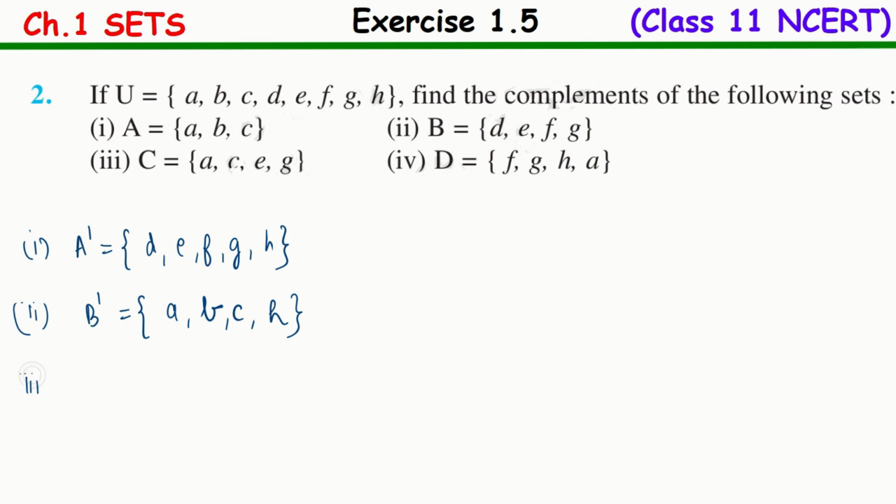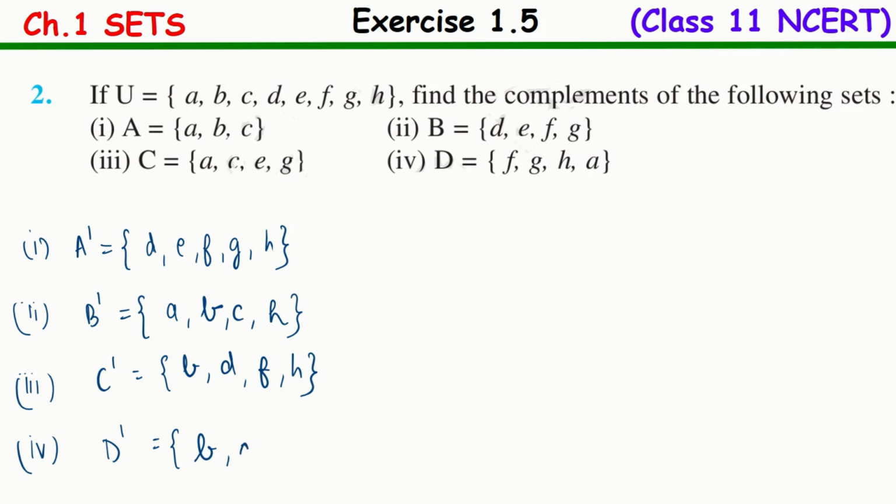The third one is C complement, which is B, D, F and H. The fourth part is D complement. A is present, B is not present, C, D, E, F, G and H are present. So this only.